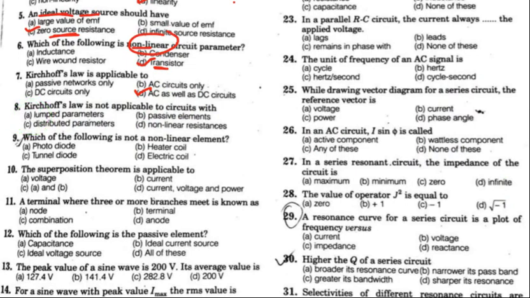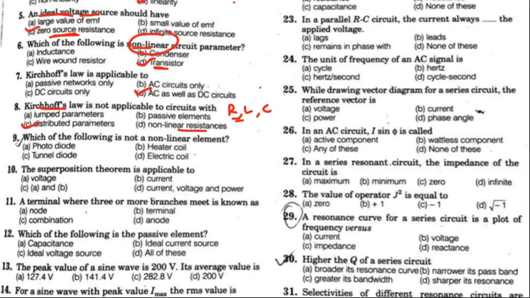Eighth question. The Kirchhoff law is not applicable to circuits with distributed parameters. In case of lumped parameters, the elements present are resistance, inductance and capacitance. In case of distributed parameters, we can't use the Kirchhoff laws because those are distributed.